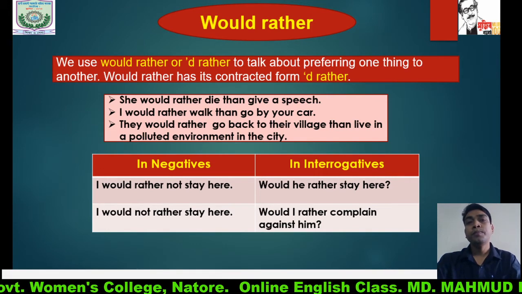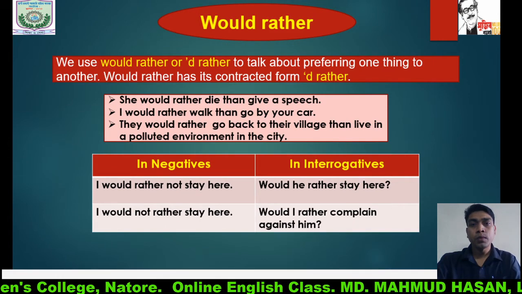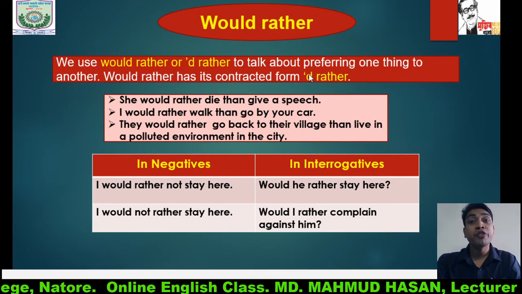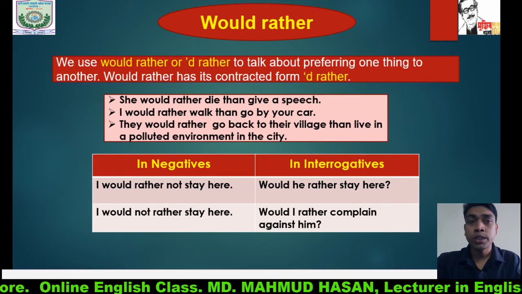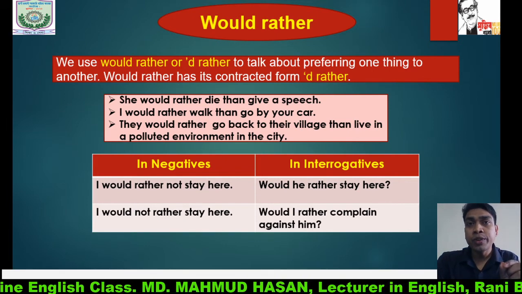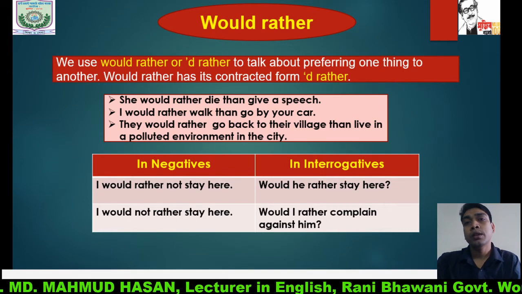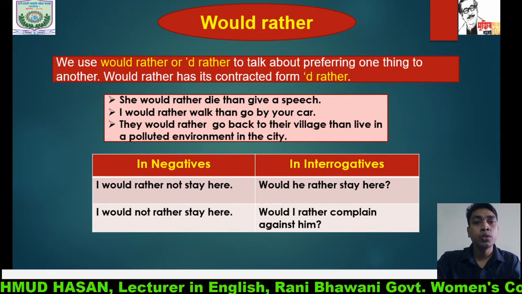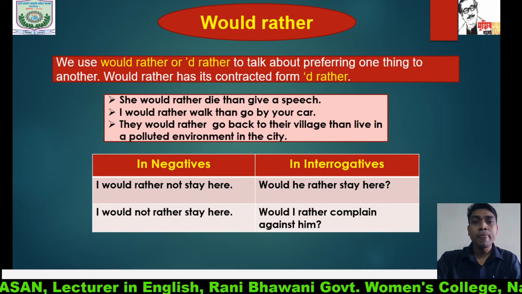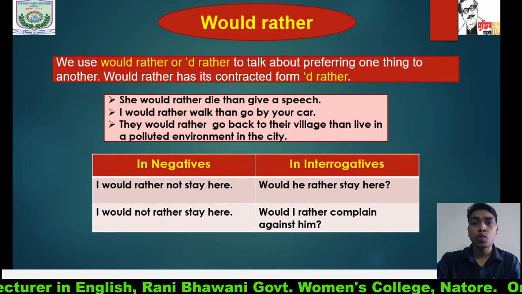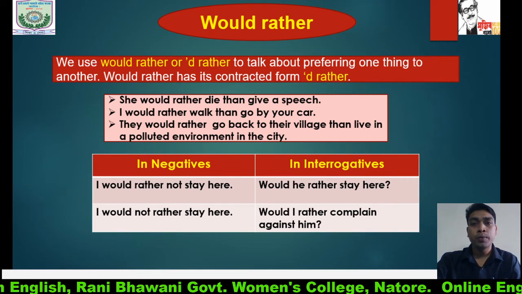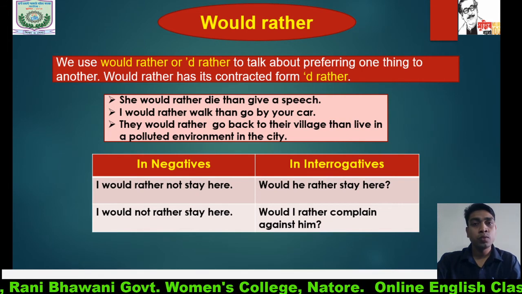We use would rather to talk about preferring one thing to another. To prefer one thing to another, we introduce this term would rather. Would rather has its contracted form, apostrophe d rather.